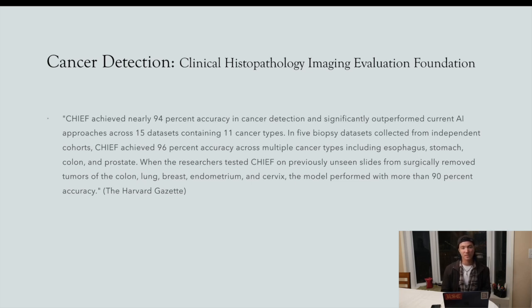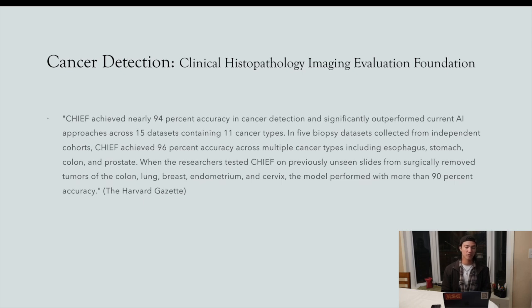In 5 biopsy datasets collected from independent cohorts, CHIEF achieved 96% accuracy across multiple cancer types, including esophagus, stomach, colon, and prostate. When the researchers tested CHIEF on previously unseen slides from surgically removed tumors in the colon, lung, breast, endometrium, and cervix, the model performed with more than 90% accuracy.